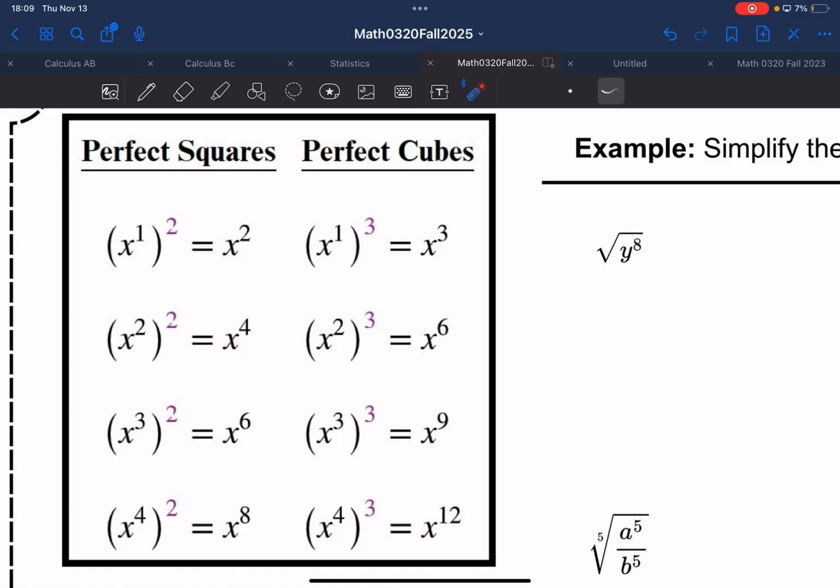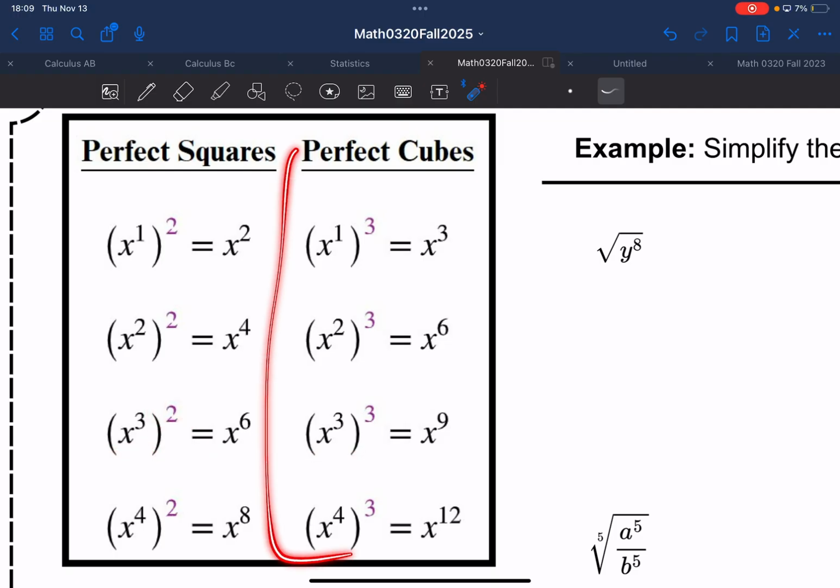The perfect square, x to the 6, is the same as saying x cubed times x cubed. Because when you take the exponents, by property of exponents, they multiply. So x cubed squared is x to the 6. X cubed cubed is x to the 9th.